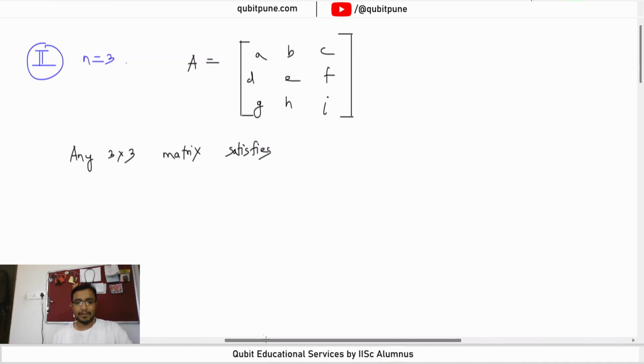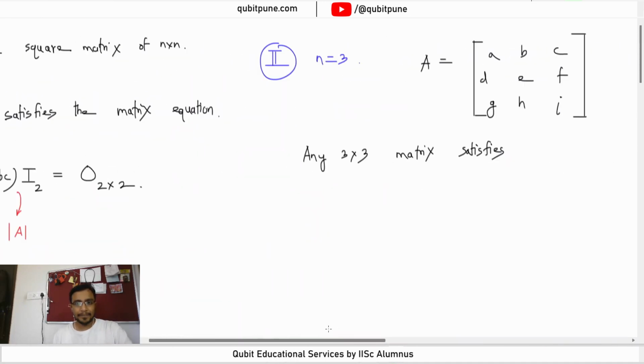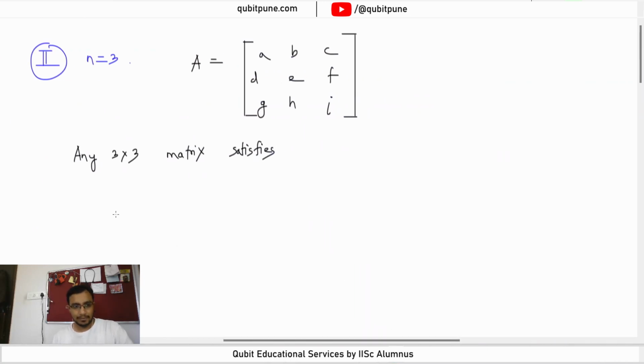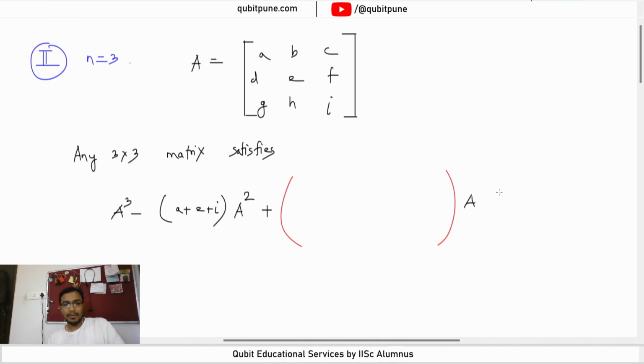If for 2 by 2 it began with A squared, for 3 by 3 it will begin with A cubed. So it is A cubed minus trace of A plus E plus I, A squared, plus, let me first write the things here. See if you can guess what I'm writing there. Minus plus minus determinant of A into identity matrix of order 3 gives us the null matrix.